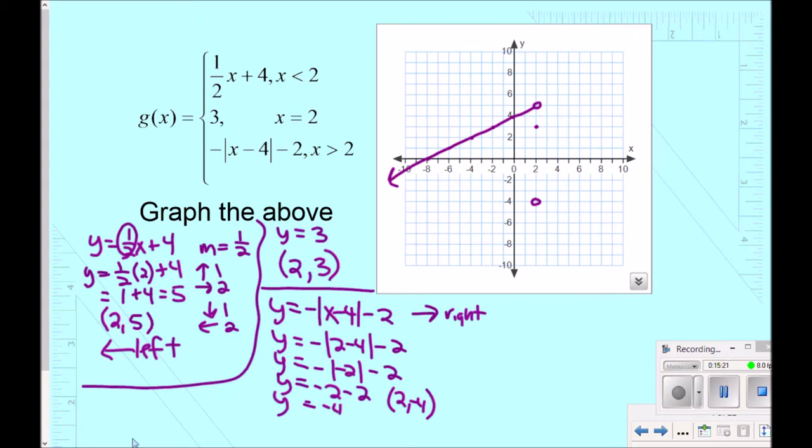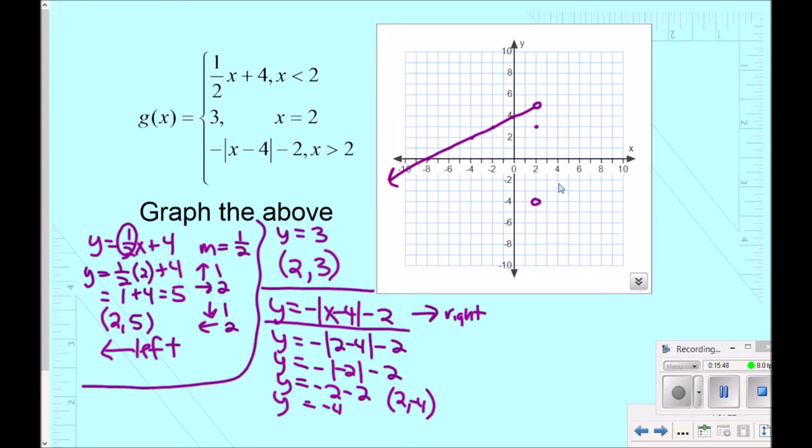So I'm going to figure out where the vertex would be like we did the last couple of weeks in class. I'm looking at this equation and I'm going to figure out the shifts, which then is going to help me get the vertex. So we know that -4 inside the absolute value is right 4, and -2 outside the absolute value is down 2. So if I start at 0, 0, and I go right 4 and down 2, that takes me to 4, -2.